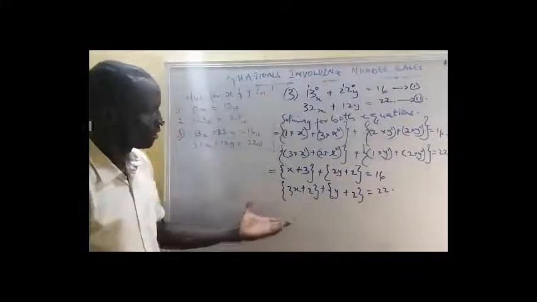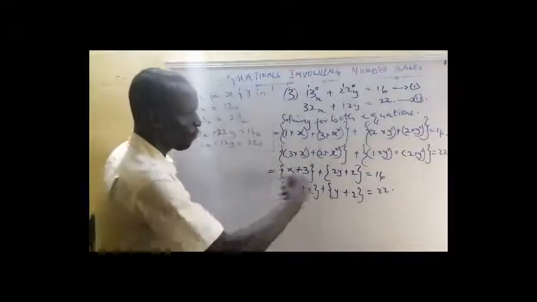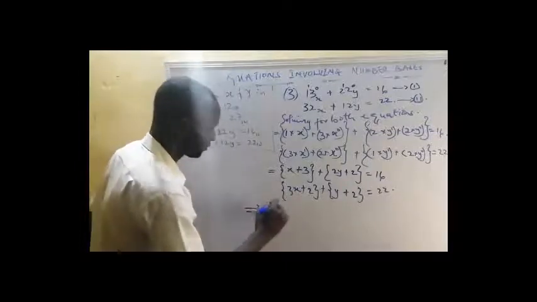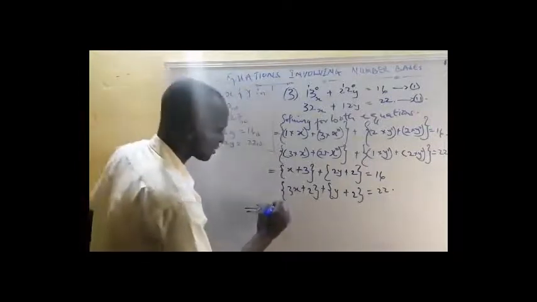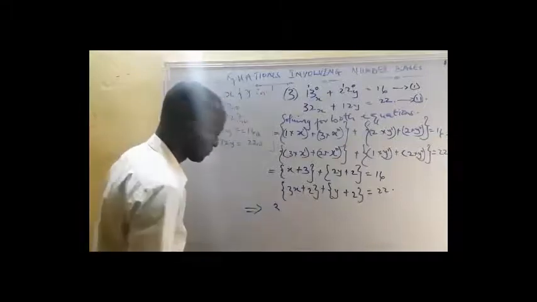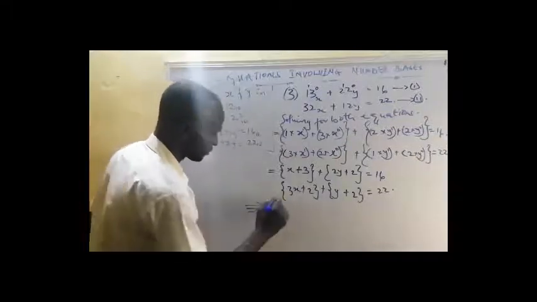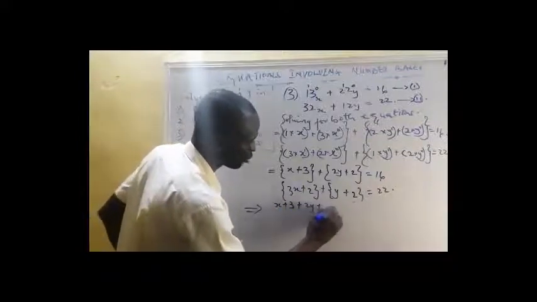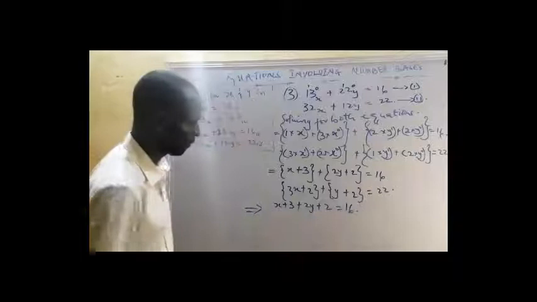So that we can now open up our brackets. They become 3 plus x, that's x plus 3 plus 2y plus 2 is equal to 16.